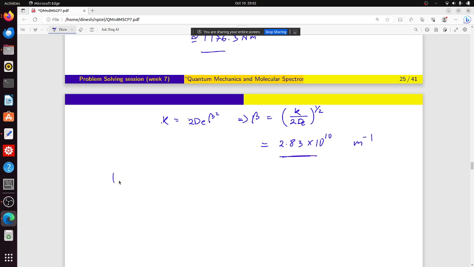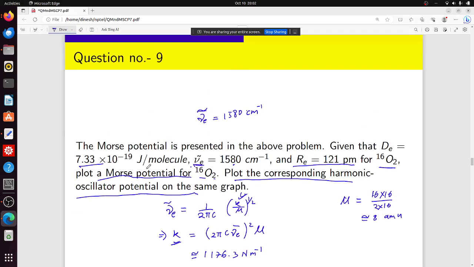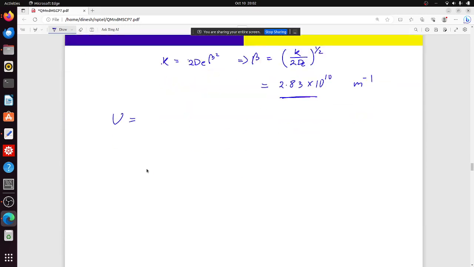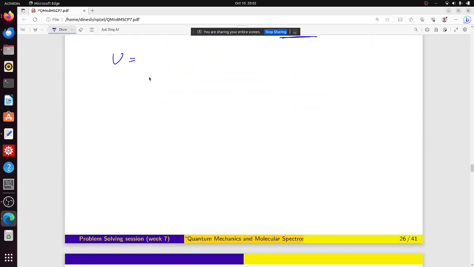So we have two potentials now. One is u equals dE times 1 minus e to the power minus beta q, whole square, and another potential, let's denote it by v.